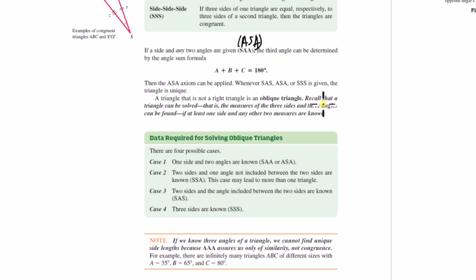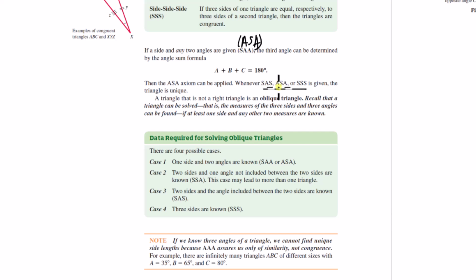All right, so recall that a triangle can be solved, that is, the measures of the three sides and three angles can be found, if at least one side and any two other measures are known, whether they be angles or side lengths. So that's another way you can sum up this statement here.